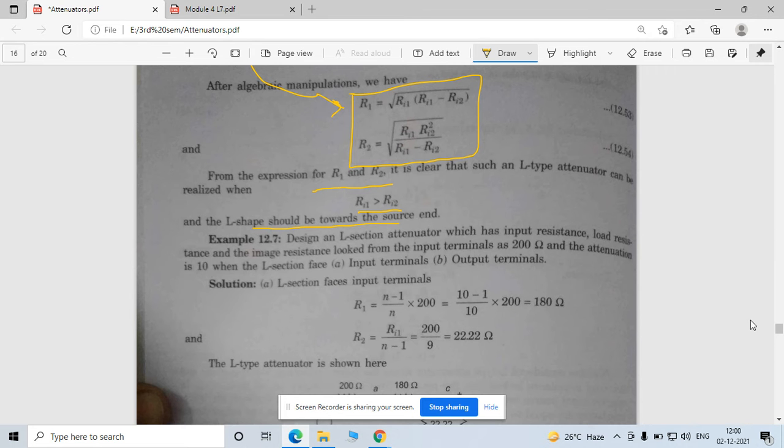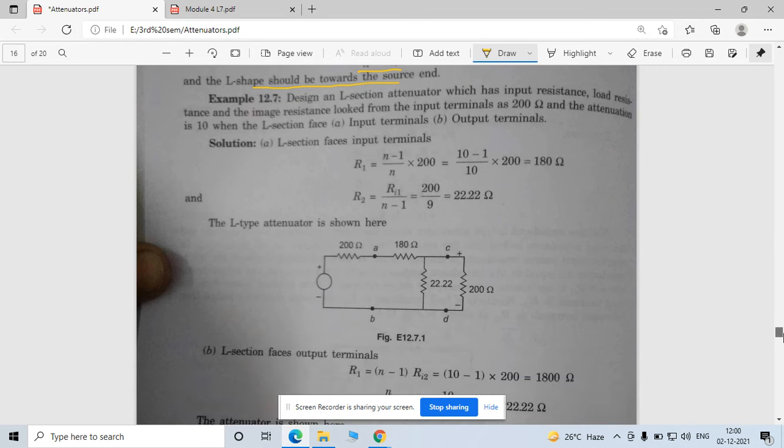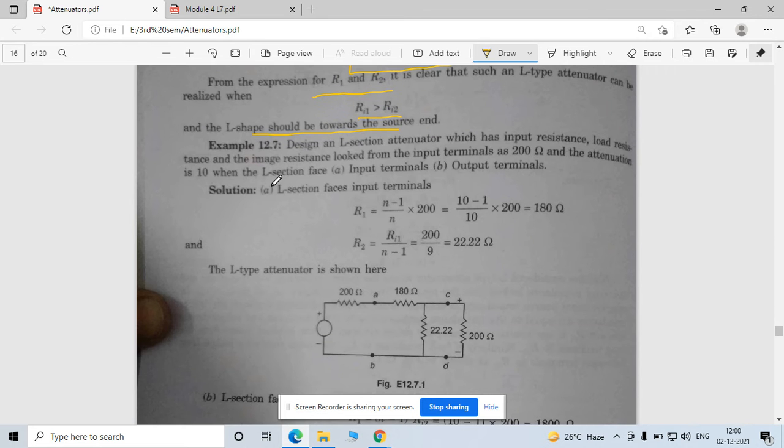Now on the basis of this, the question is given here. So this is an L section facing the input side terminal. The value is the same for this input terminal, 200 ohm, which is nothing but the characteristic impedance.